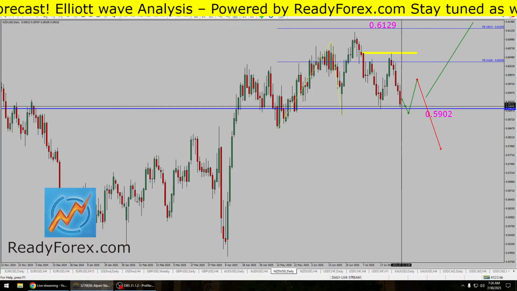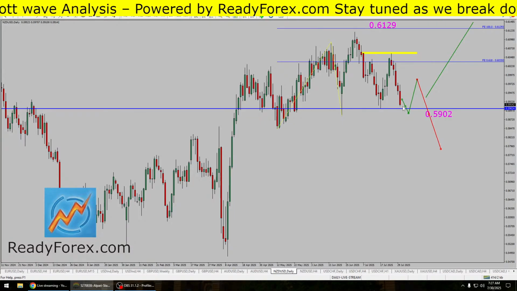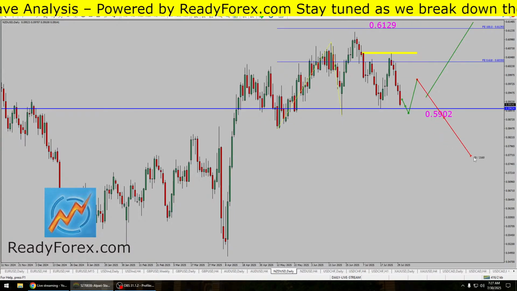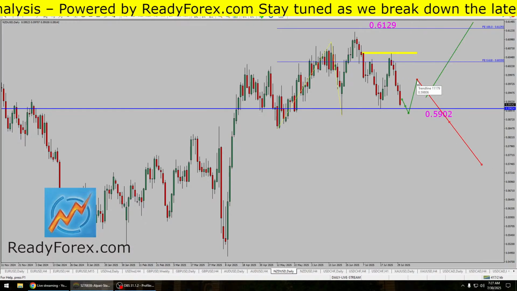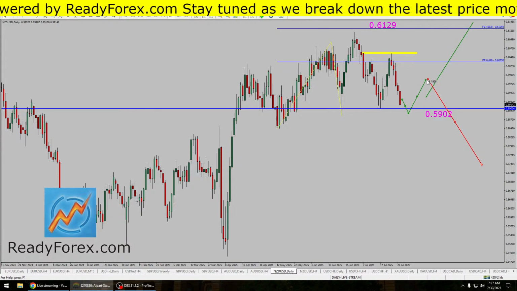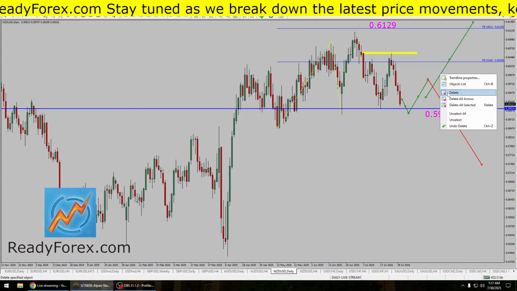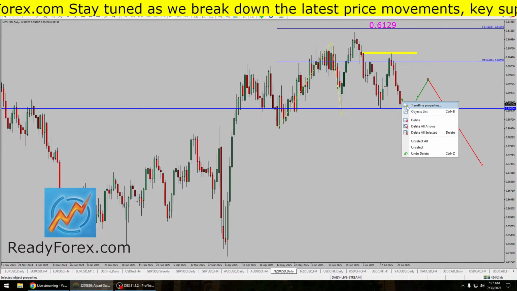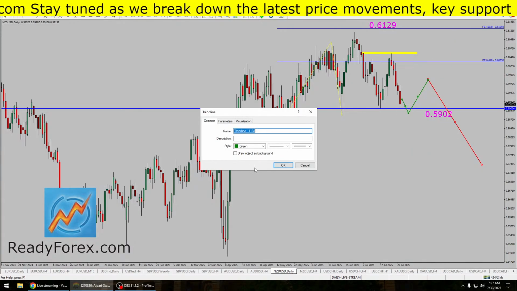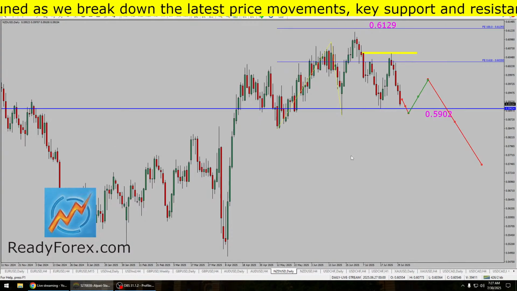They would probably sell over here, but market is already oversold. So if you try to sell over here, you're just asking yourself trouble. Wait for a pullback, assuming we are going to get a breakdown in price action below 0.5902 level. Okay, and then the NZD USD is going to drop more.